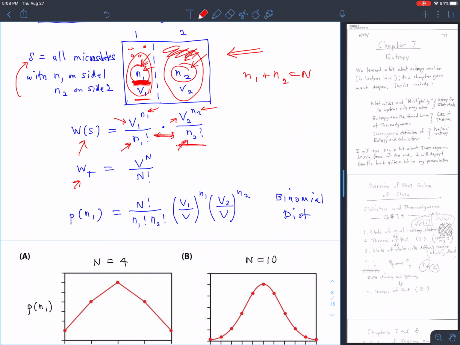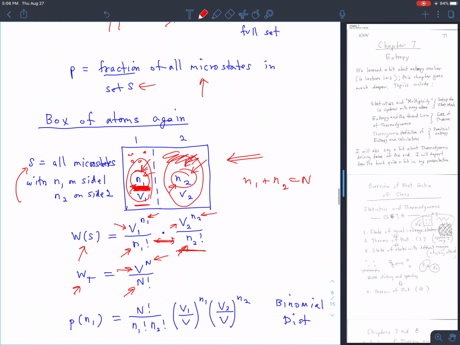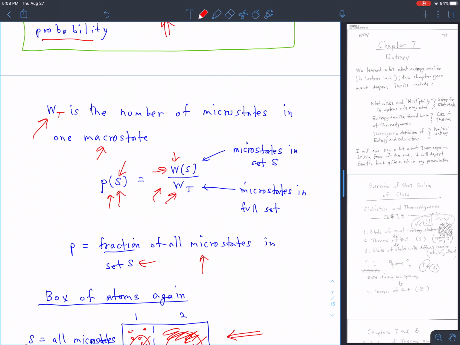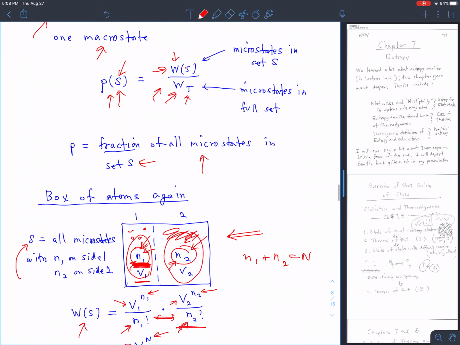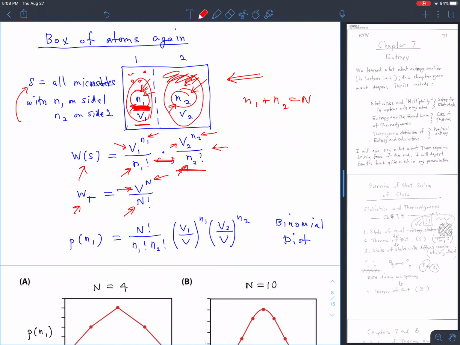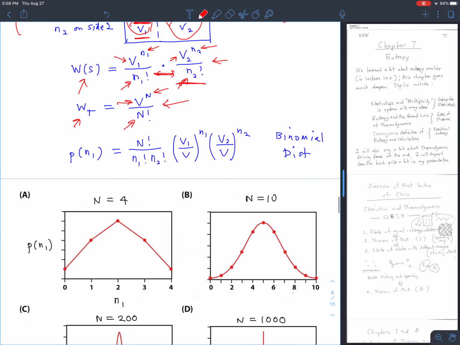And the total number when there's no constraint at all, when I'm not saying how many are on each side, is then just the total volume raised to the total number of molecules power divided by N factorial. And using our rule up above, W of S divided by W of T means taking this and dividing it by that, doing some algebra, and that gives us this thing that we call the binomial distribution.